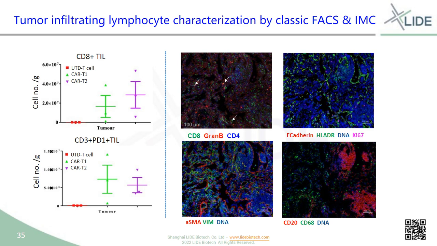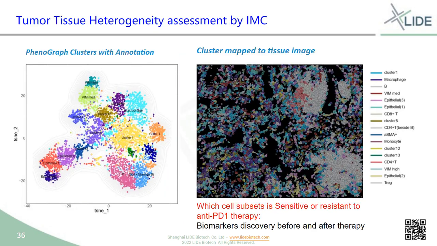They are surrounded by vimentin positive cancer-like epithelial cells, and those CD8 positive T cells are also granzyme positive as well. So IMC gives us a lot of information about the tissue location and spatial interaction between cancer and immune cells.